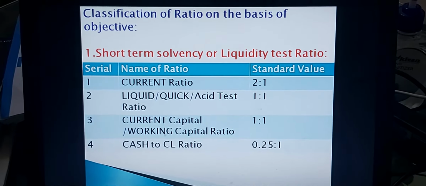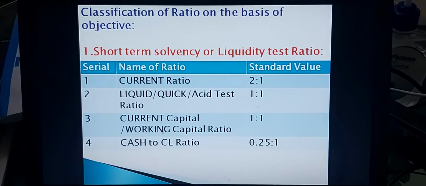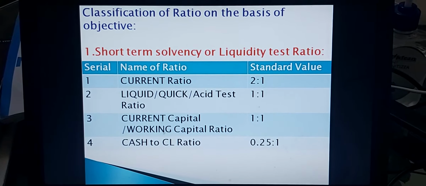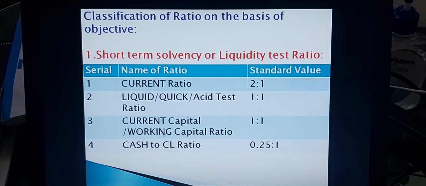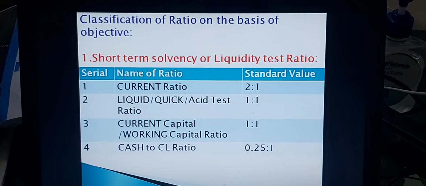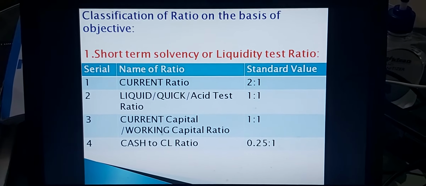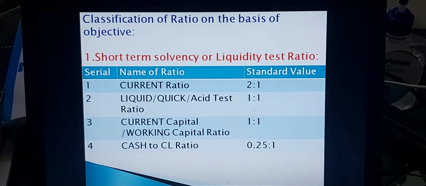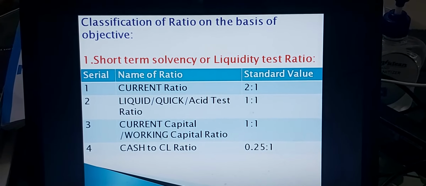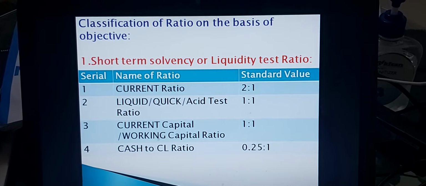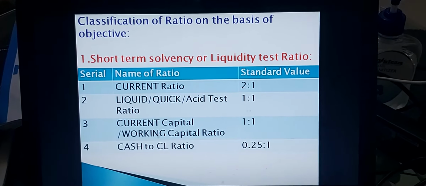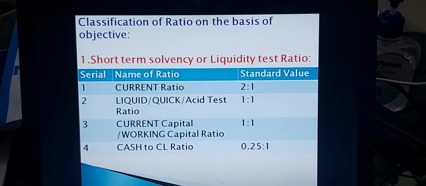In the format of ratios, you can see on the right side the standard value of each ratio. The standard value of current ratio is 2:1. When current ratio is 2:1, that is a satisfactory position for business.